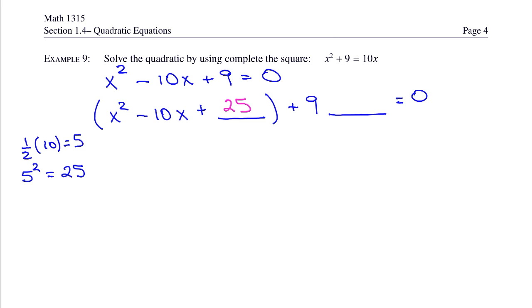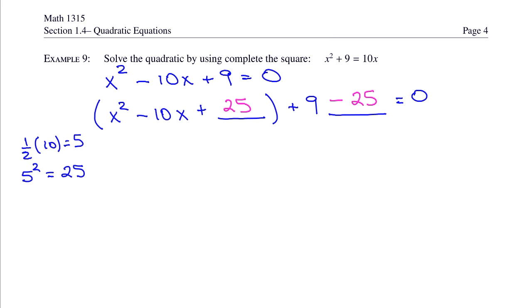So I can add something as long as I subtract it on the same side. So next to the 9, I'm going to subtract the same 25. You have to keep your equation balanced at all times and equivalent to the original equation. So adding 25 and subtracting 25, everything is still equivalent.